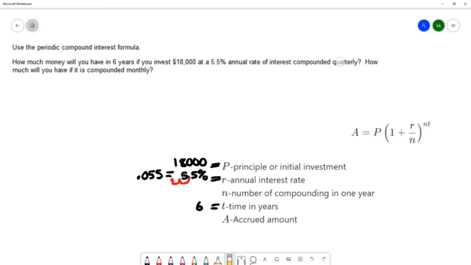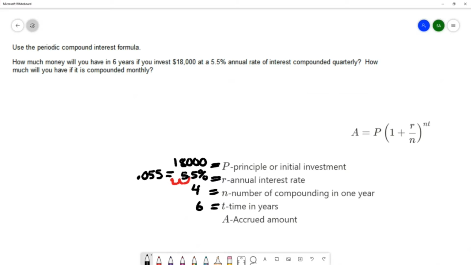Quarterly is how often the interest is added into the account. So this is going to give us our value of n. If the interest is compounded quarterly, that means that the interest is added in 4 times a year. So n is 4.